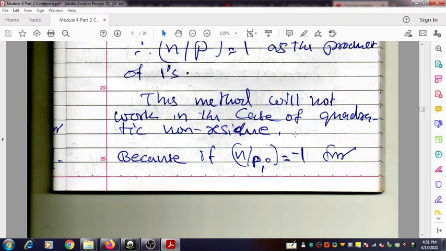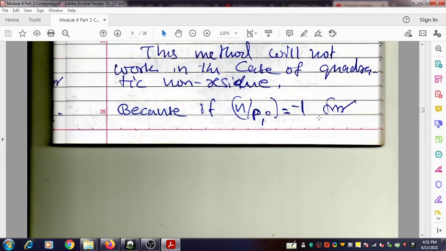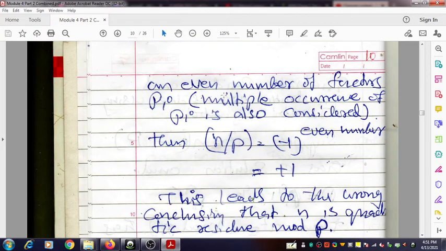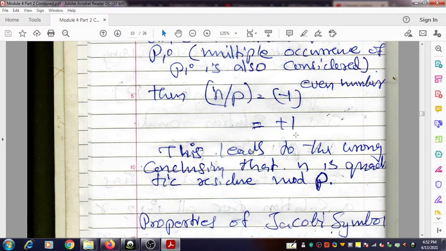It is because if n bar pi equal to minus 1 for an even number of factors pi, where multiple occurrences of pi are also considered separately, then we get that n bar p equal to minus 1 raised to an even number, which is equal to plus 1.